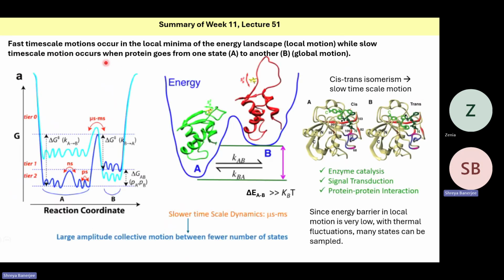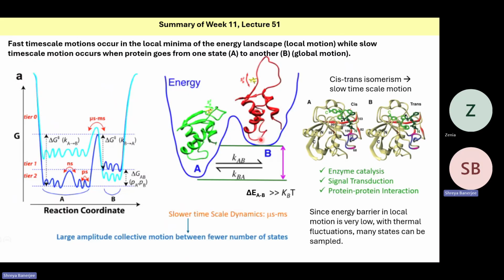Now, the fast timescale motions occur in the local minima of the energy landscape, whereas in slow timescale motion, the protein goes from one state to another state, that is a global motion. So A is a global minima, B is a local minima.